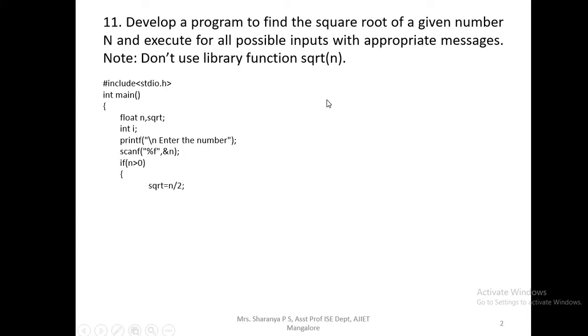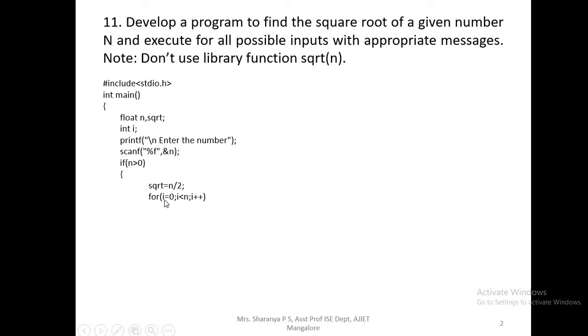If this condition is satisfied, then sqrt is a variable that stores the final result. Here we are trying to find half of the given number, that is n divided by 2, and it will be stored in the variable sqrt.